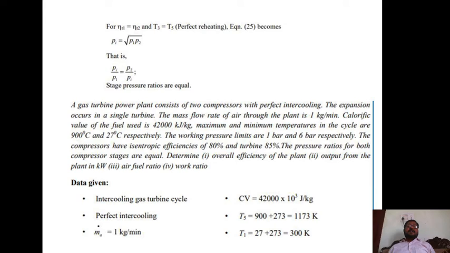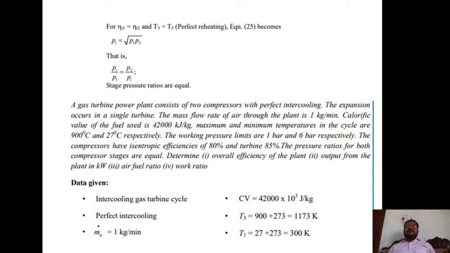The compressor has an isentropic efficiency, as I said in the previous derivations. It is very important: isentropic efficiency 80%, and turbine efficiency is 85%. That is 80% for the actual cycle compressor, 85% for the turbine. The pressure ratios of both compressor stages are equal.